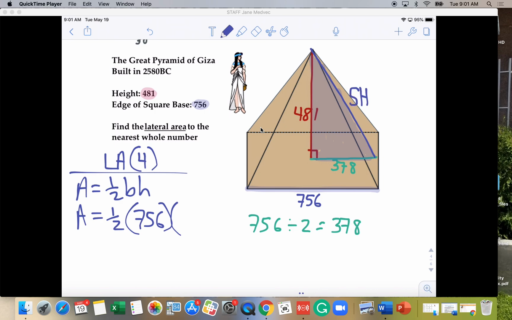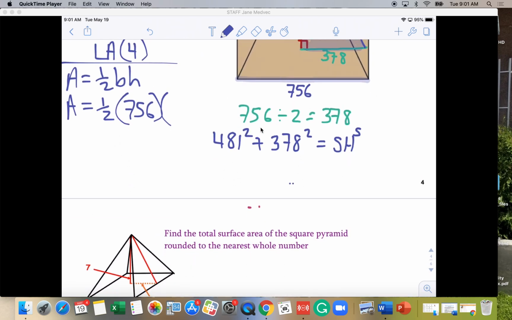To find the slant height, we're going to take 481 squared plus 378 squared, and that's going to give me the slant height squared. So let's bring those numbers through.